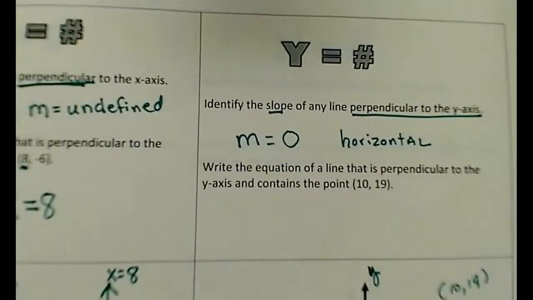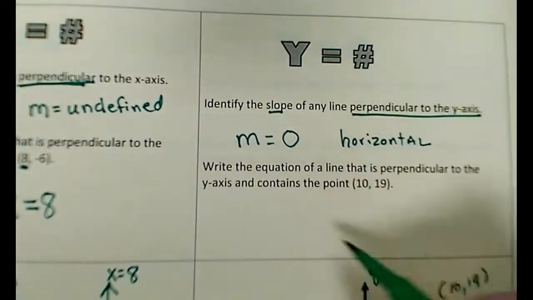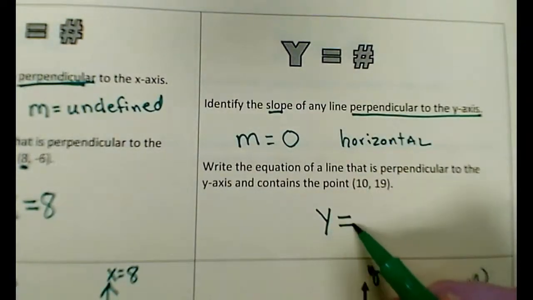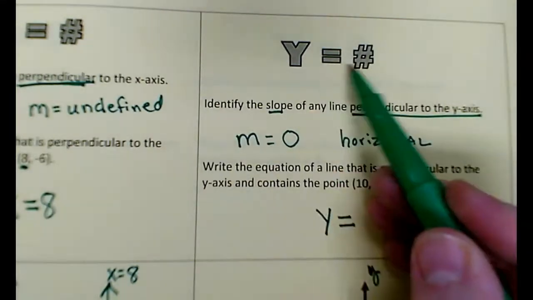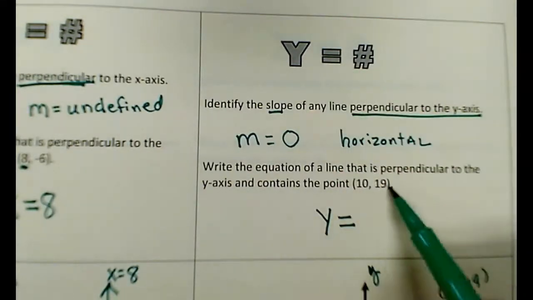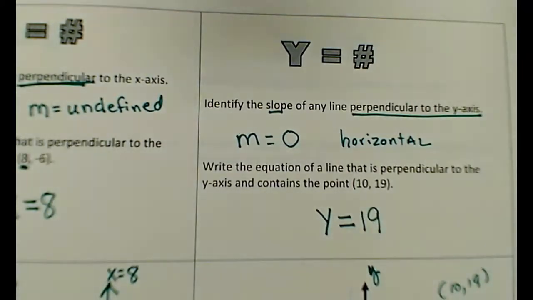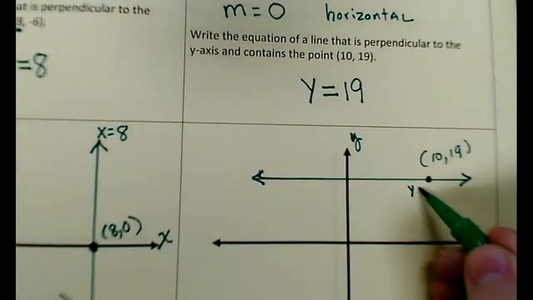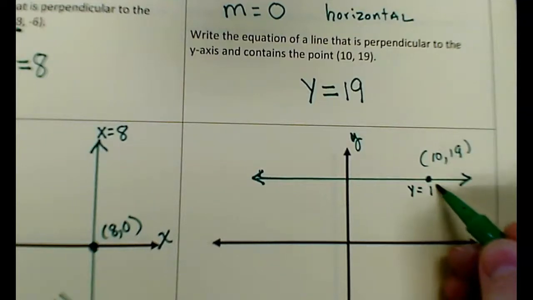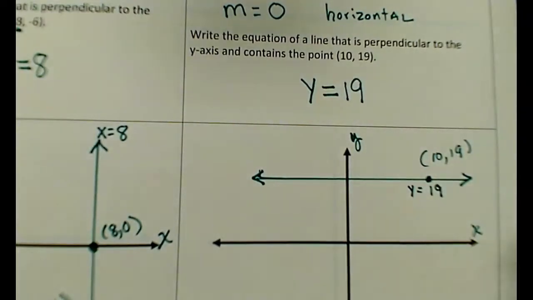And since the slope is 0, when you try to put it in y = mx + b form, the mx part zeroes out. And this is telling you the equation will be y = a number. Which one of these numbers are y numbers? This line right here is y = 19.